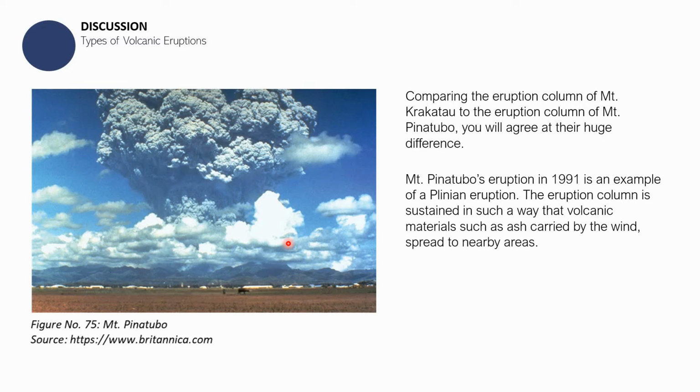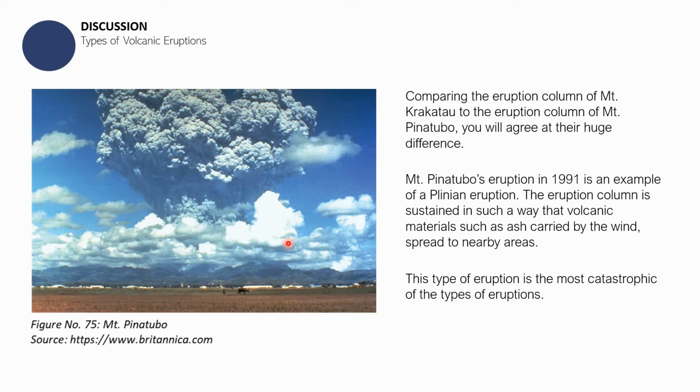The eruption of Mount Pinatubo way back in 1991 is something you'll call a Plinian eruption. Its eruption column is sustained in such a way that volcanic material such as ash is carried by the wind and spread to nearby areas. And since ash is so light, it really tends to go upwards and upwards. So this type of eruption is the most catastrophic of all the types of eruptions.